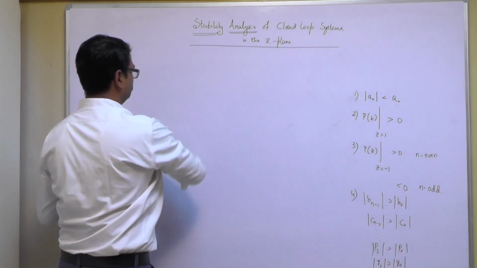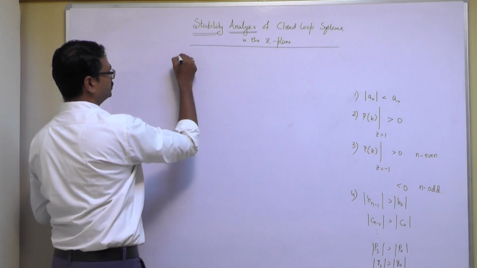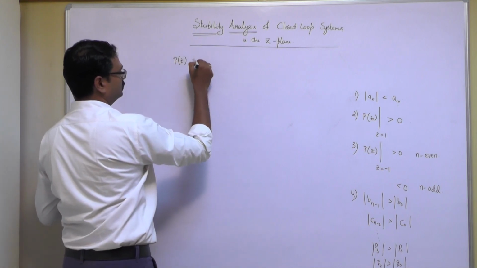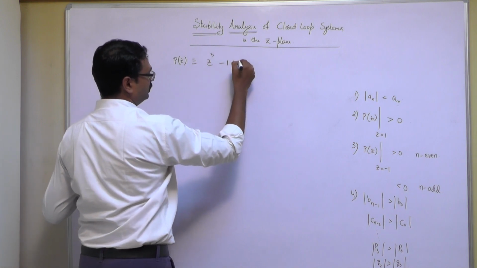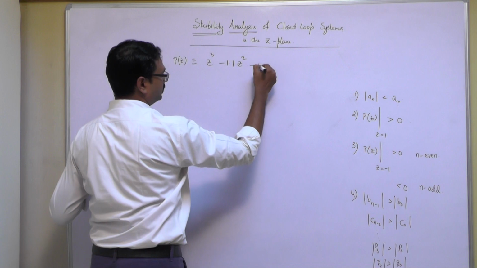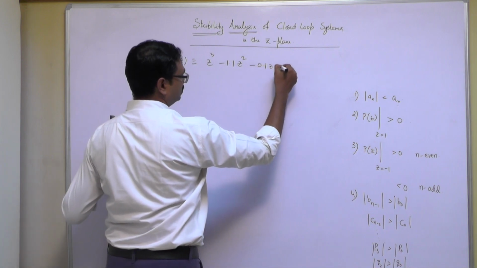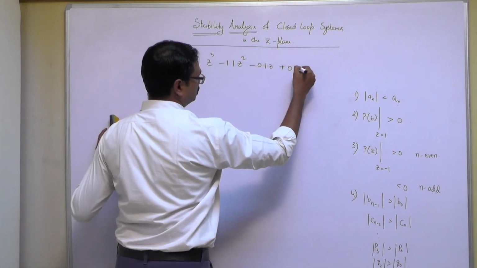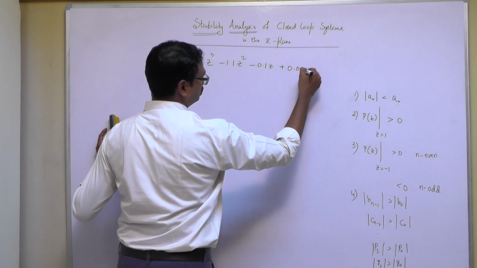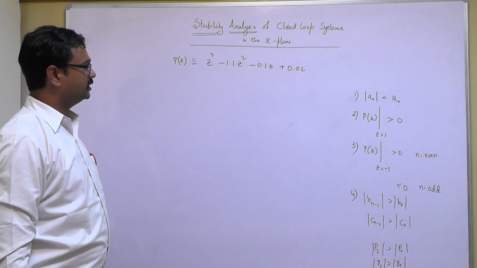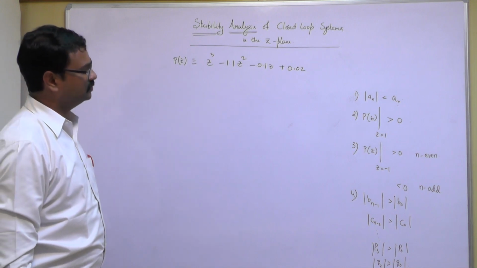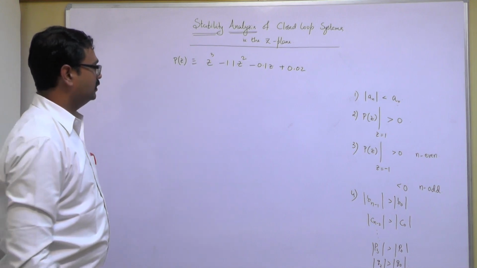Very small example which we will consider: P of z is equal to z cube minus 1.1 z square minus 0.1 z plus 0.02. Determine whether the system is stable with respect to the Zurich stability test.